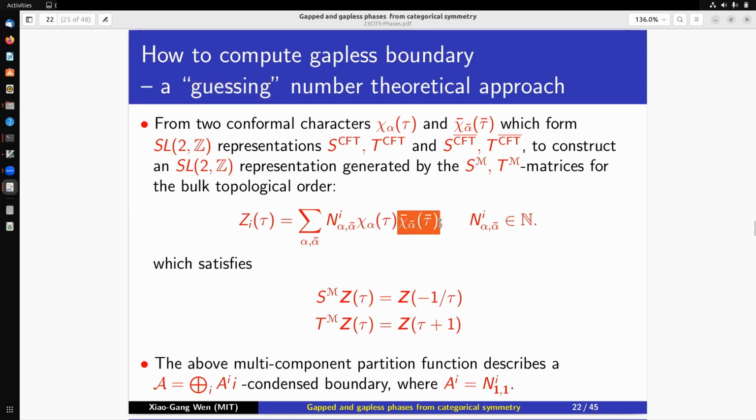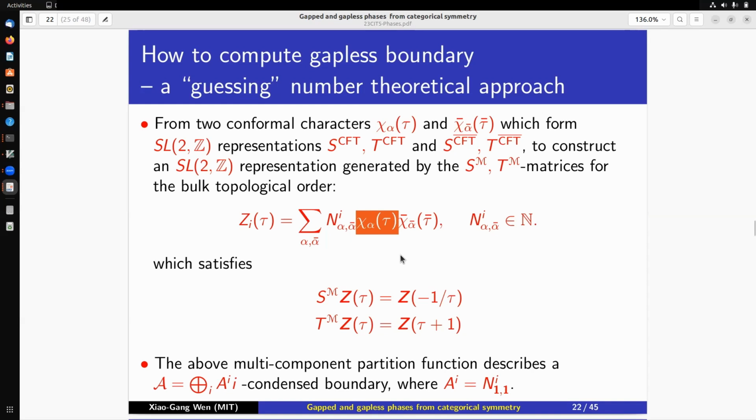Those conformal characters are modular functions of q, tau, such that they are polynomials of q with non-negative integer coefficients. People constructed many of these conformal characters, and we have a library of them.